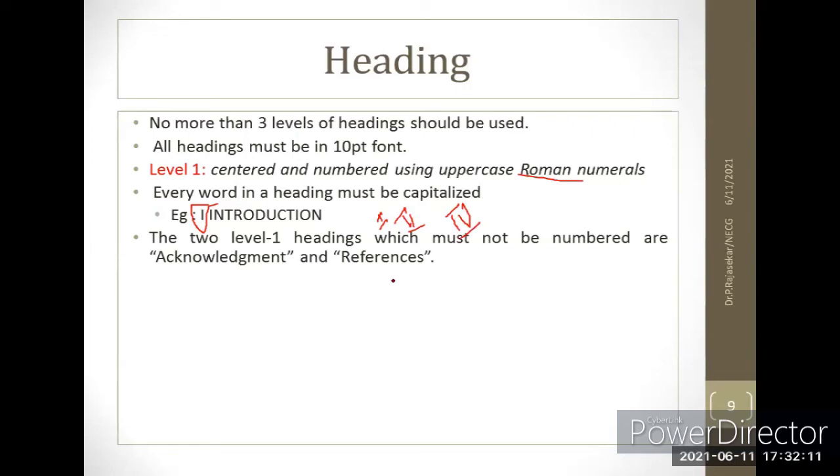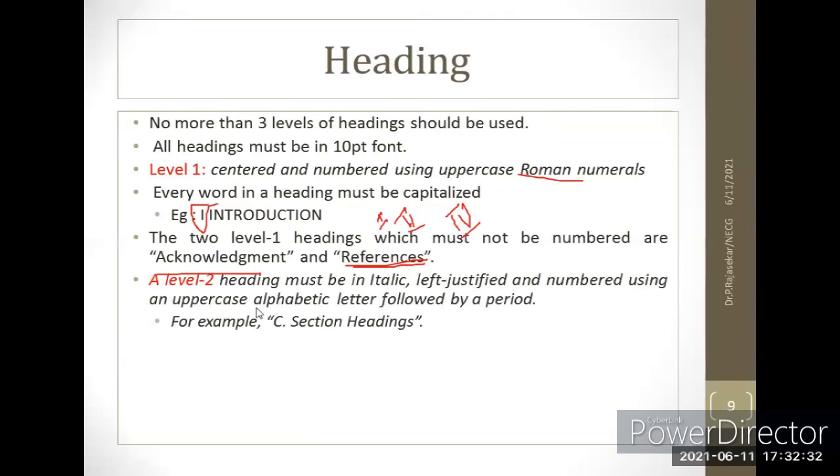But acknowledgement and references should not be numbered. Most of the students give numbers in the references also. It should not be numbered. Then it should be in lowercase, like this. It should not be in caps.